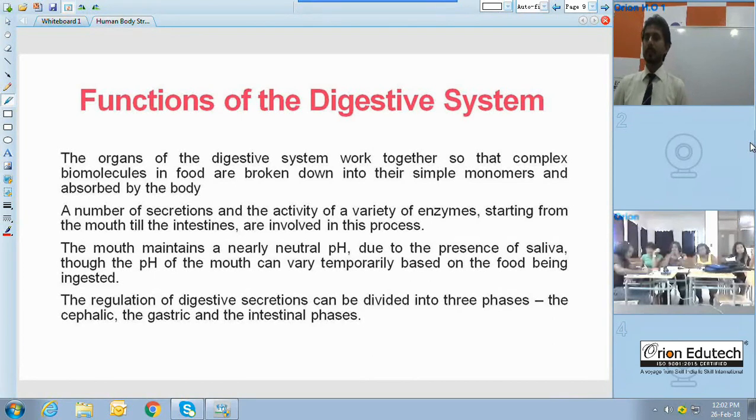The main enzyme of digestion is saliva, which is produced in our mouth, and that mixes with the food item and further goes through the process of digestion till the food is digested.